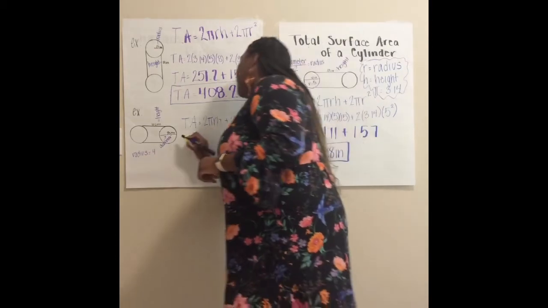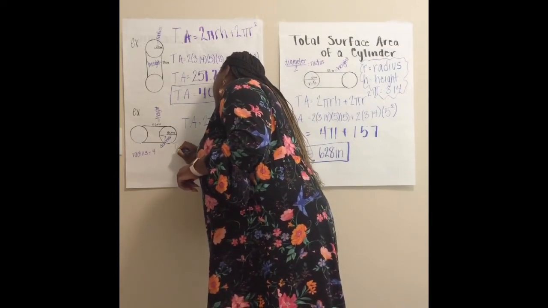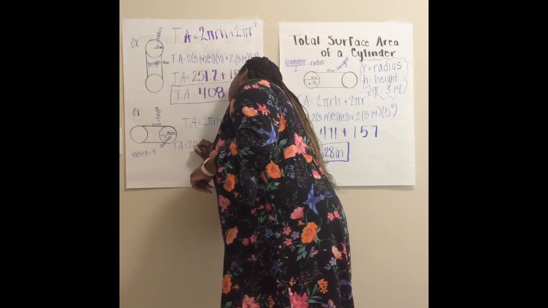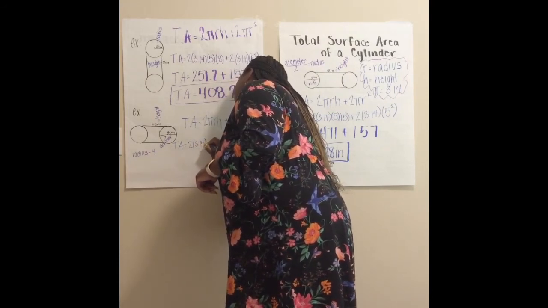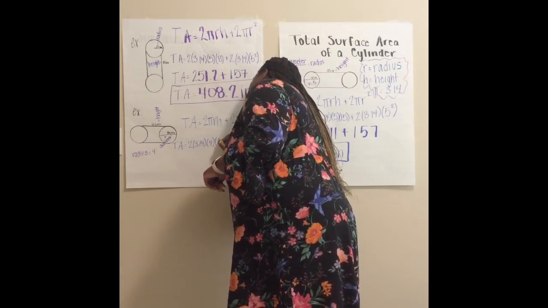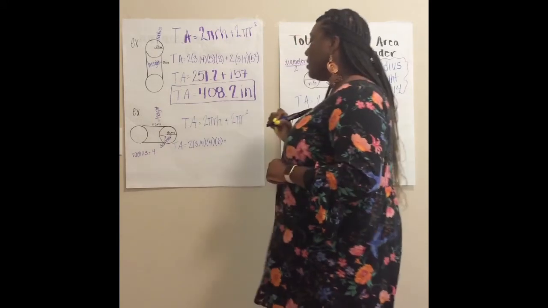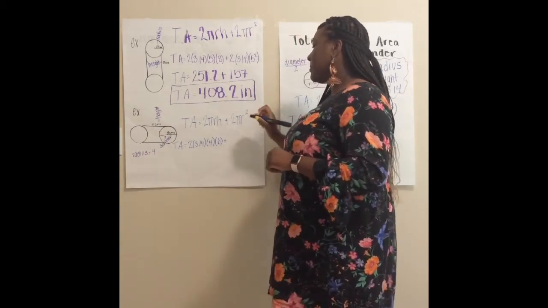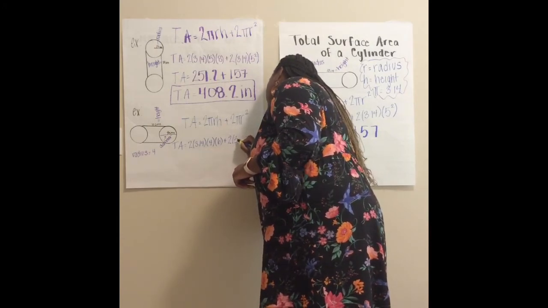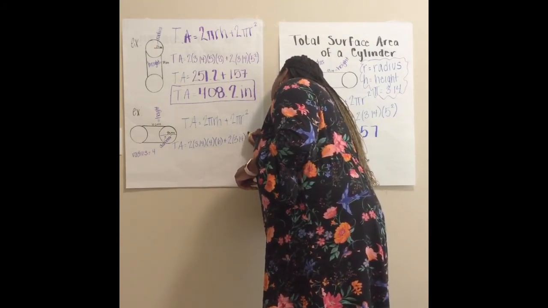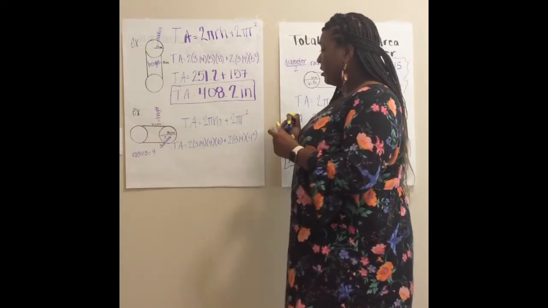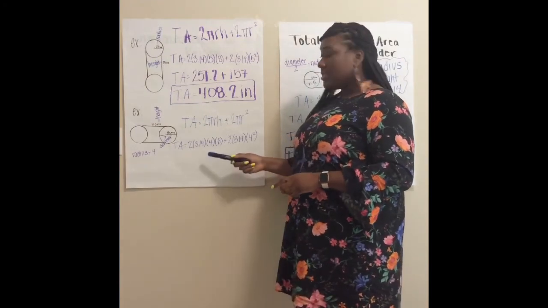So we're ready to plug in. TA equals 2. Pi is 3.14. Our radius we found out was 4. Our height is 6. The next side we have 2 pi, 3.14, and our radius is 4 squared. So pull out your calculator.